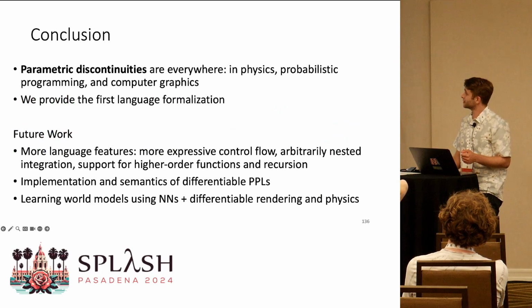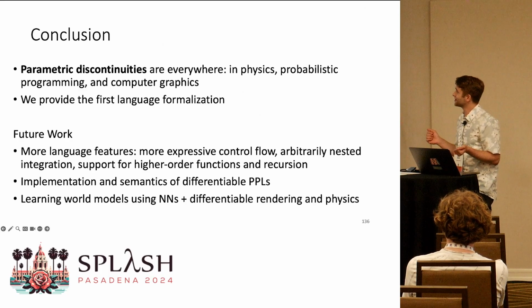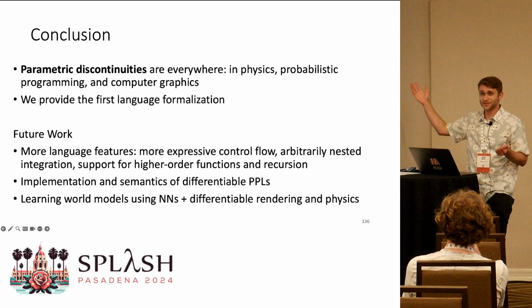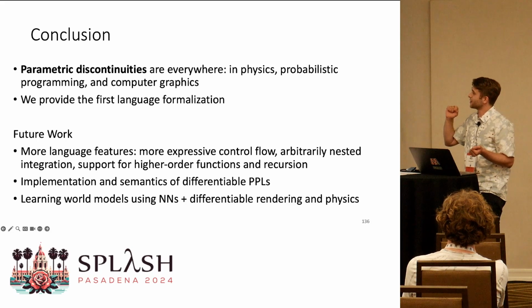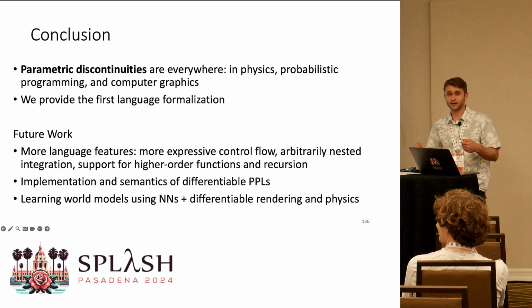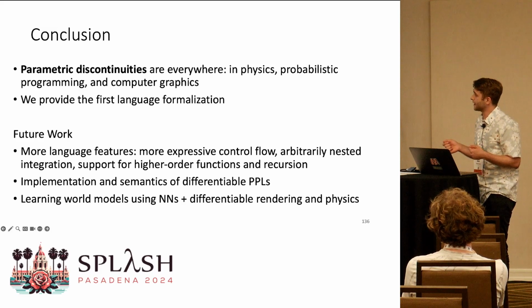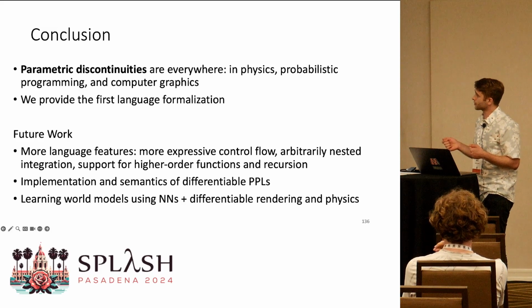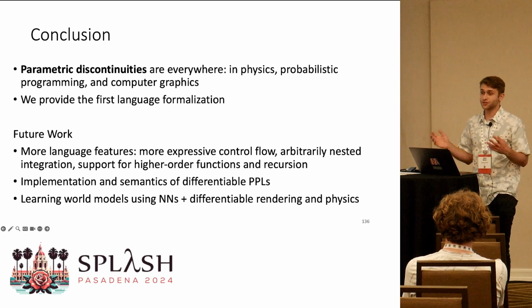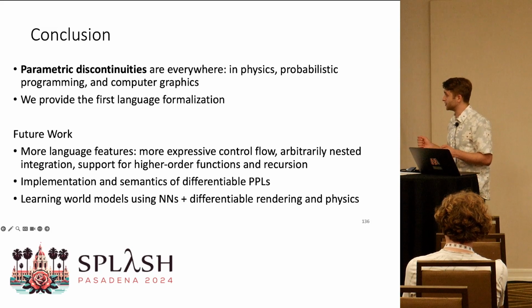So in conclusion, parametric discontinuities are everywhere. They're in physics, probabilistic programming, computer graphics. And we provide the first language formalization that accounts for parametric discontinuities. And our future work is lots more language features. Our language is quite simple, actually, so we list out language features.